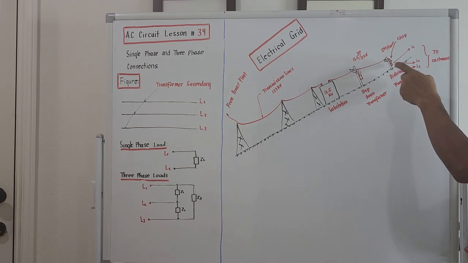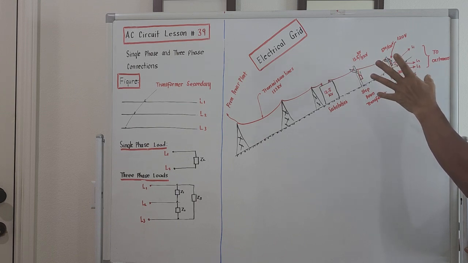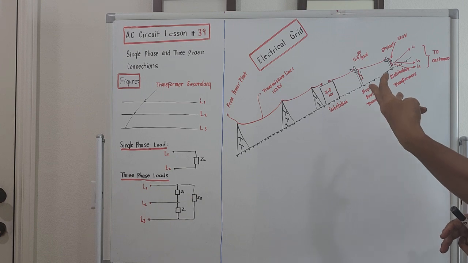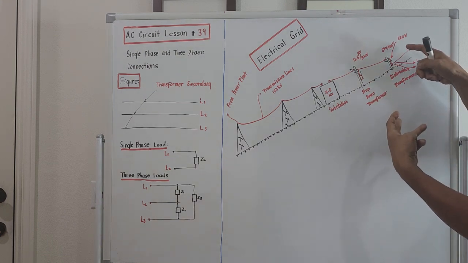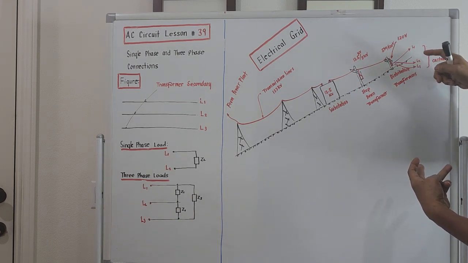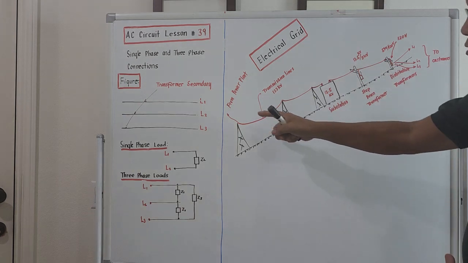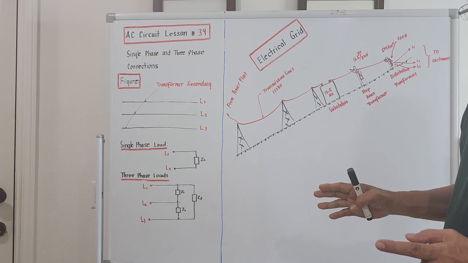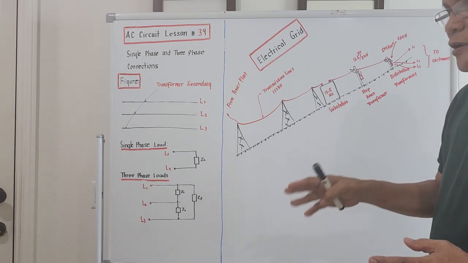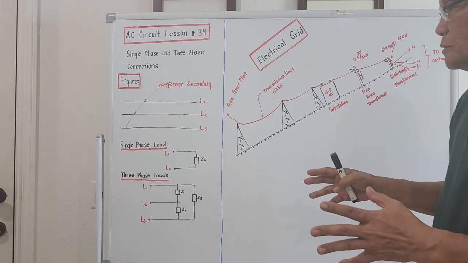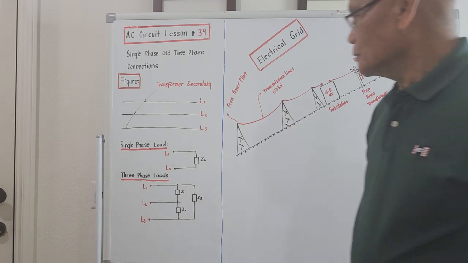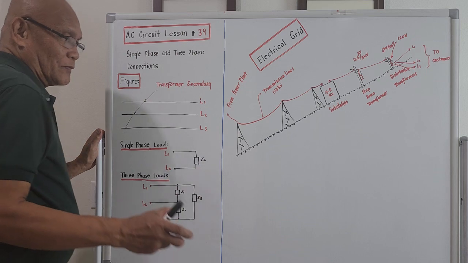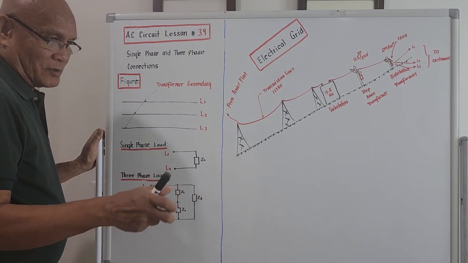This distribution transformer is a three-phase. We got three lines over there: line number 1, line number 2, and line number 3. To distinguish a single phase from a three-phase load: single phase means the load is only using two lines.